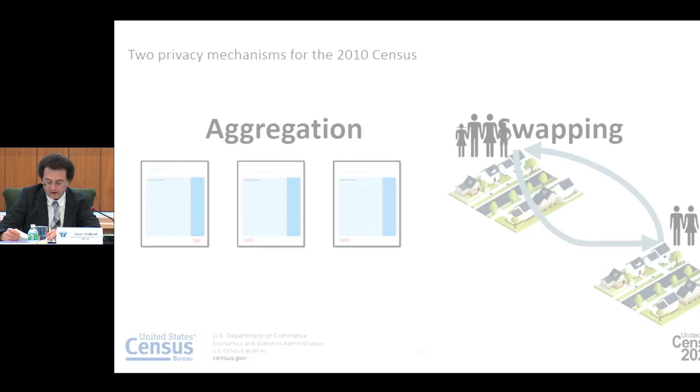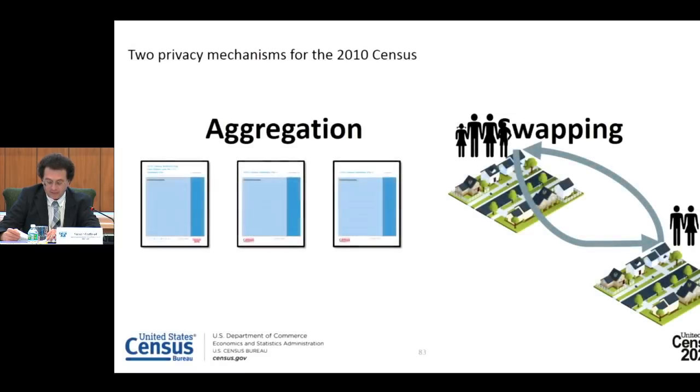Because of data swapping, users should not assume that tables with cells having a value of 1 or 2 reveal information about specific individuals.